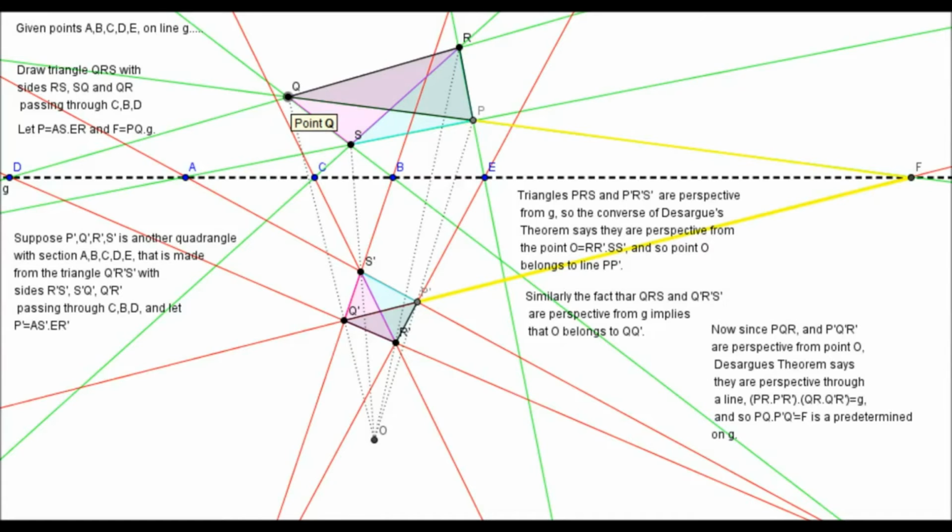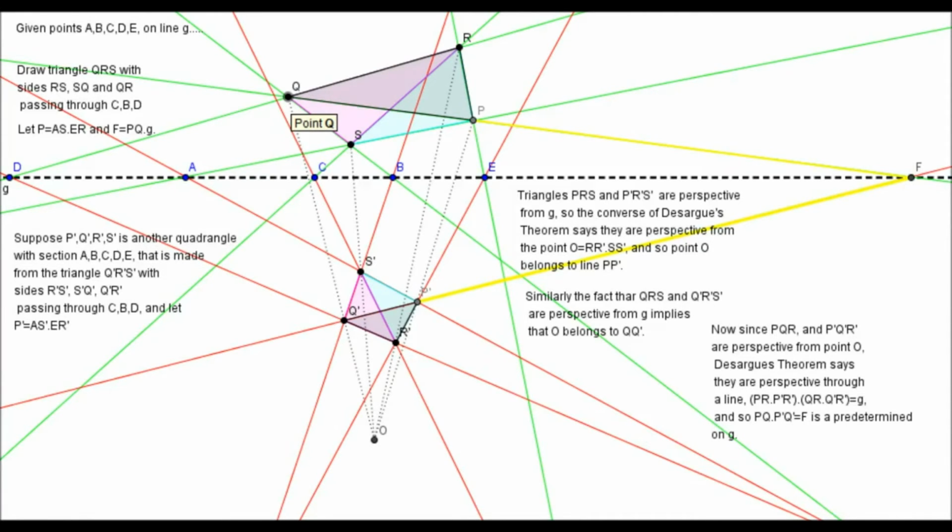So these two triangles are perspective from this line, and that implies that QP must meet Q'P' on this line. Where does QP meet this line g?